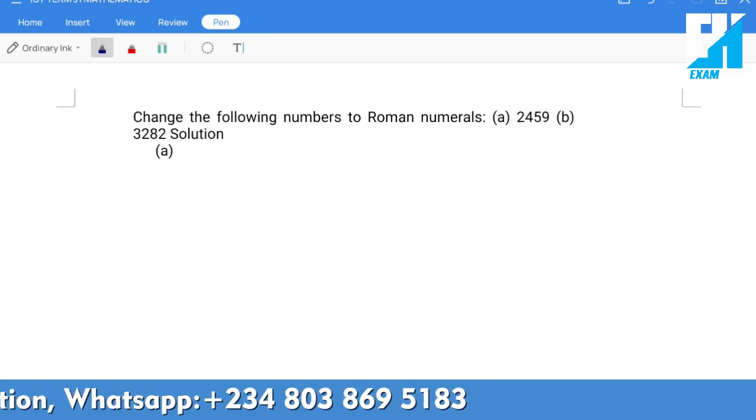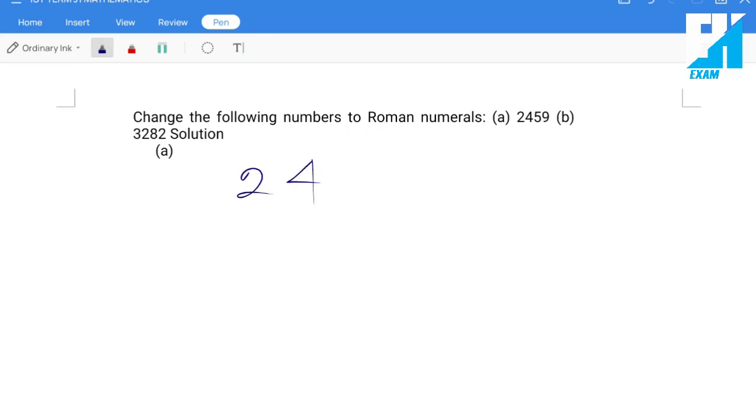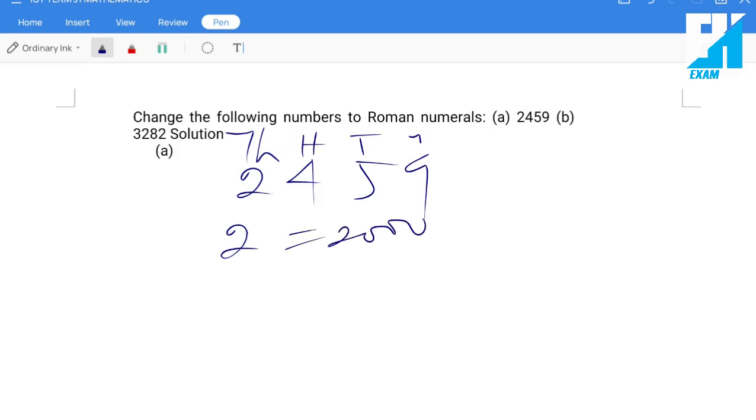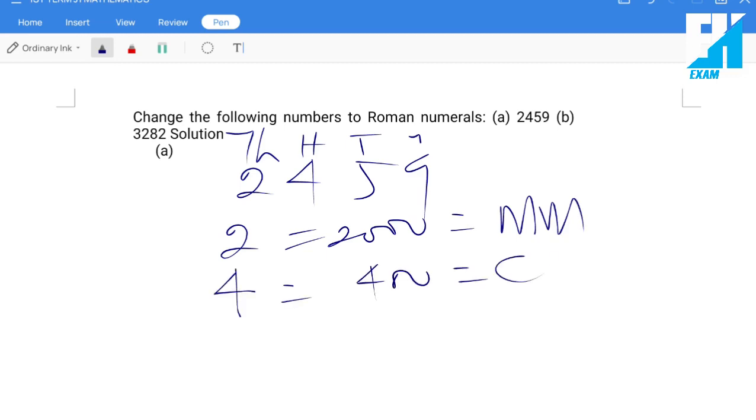Now the first one is 2,459. Use my method. Units, tens, hundreds, 1,000. It means that 2 here is 2,000, which is M. And 4, which is 400, is CD.